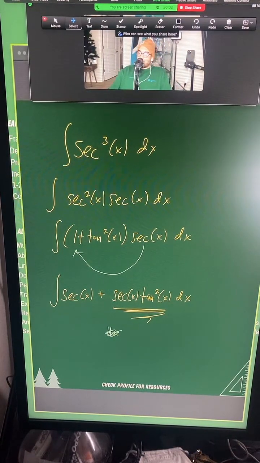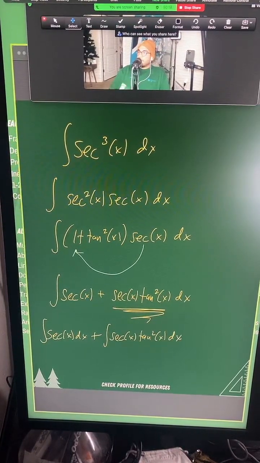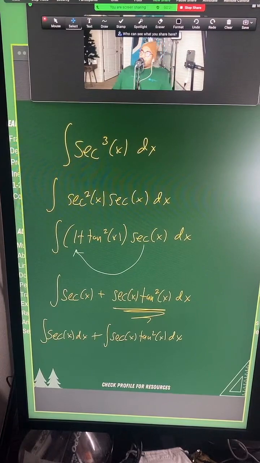Okay, guys, look, I'm going to separate the integrals. And I think maybe everyone's getting confused on that. So it should be the integral of secant x dx plus the integral of secant x tan squared x dx. Okay, hope that makes more people happy.